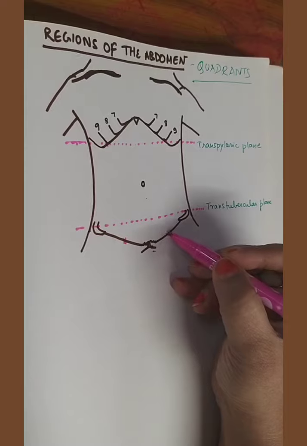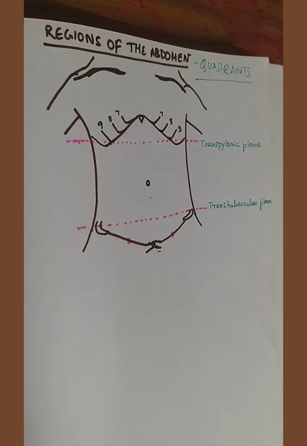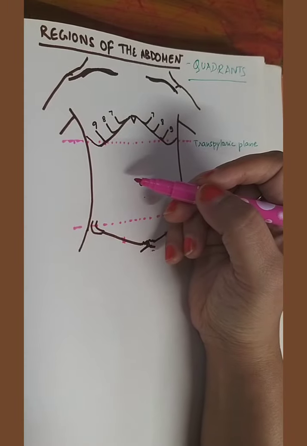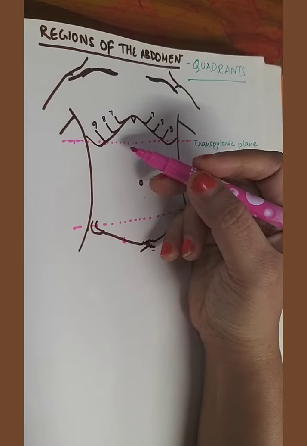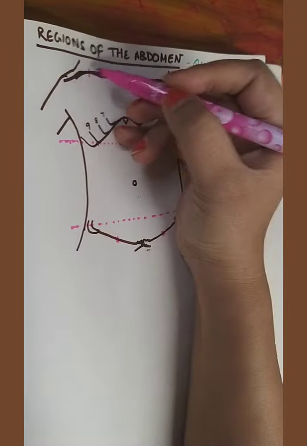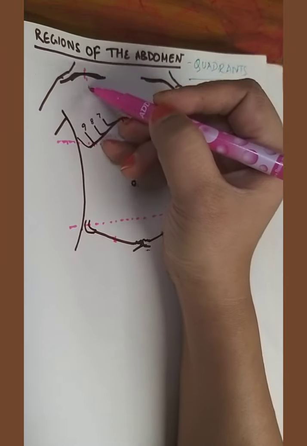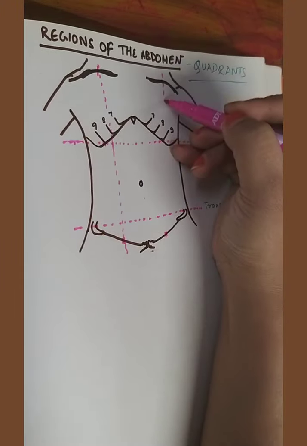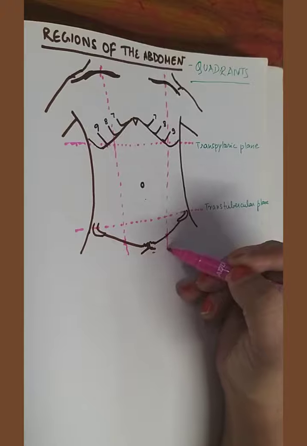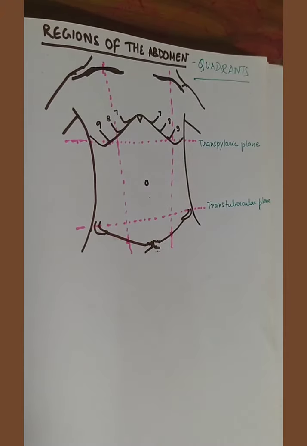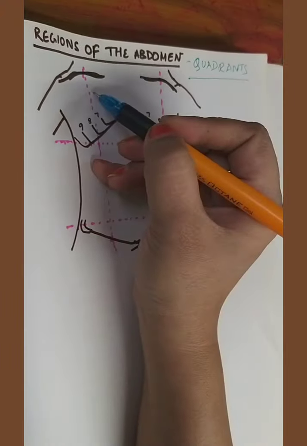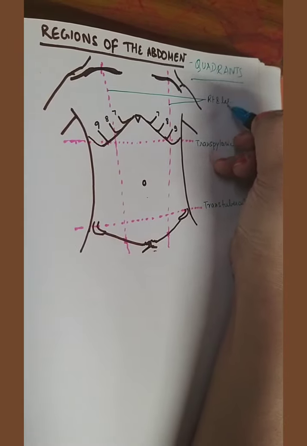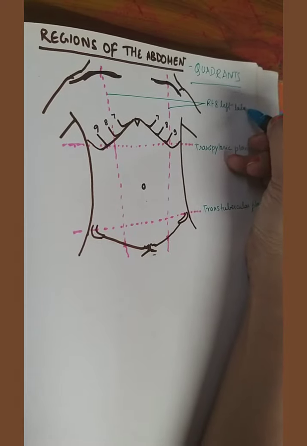Similarly here, these are the lower points, and above, when traced above, this passes roughly or is continuous with the mid clavicular line. So these are the right and left lateral planes.